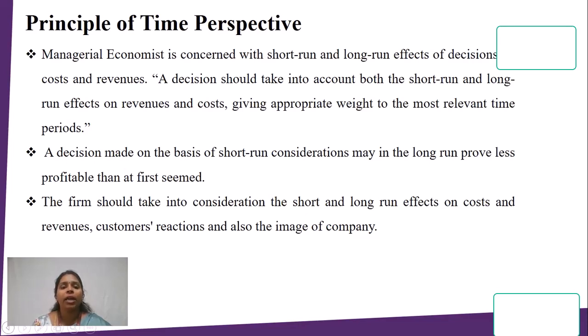A decision taken on the basis of the long run may prove less profitable or may throw the industry into a situation of losses in the short run. So the firm should take into consideration both long run and short run effects on cost, revenues, customer reactions, and also the image of the company.